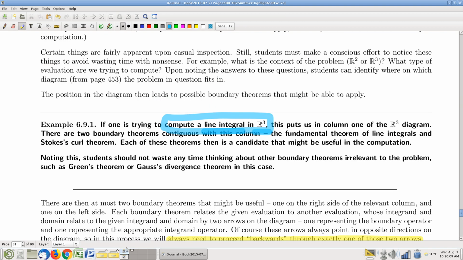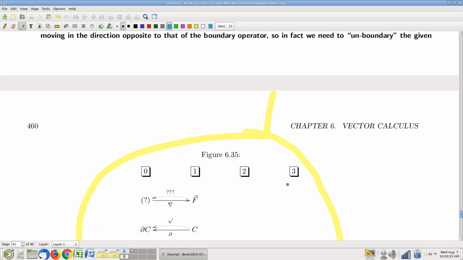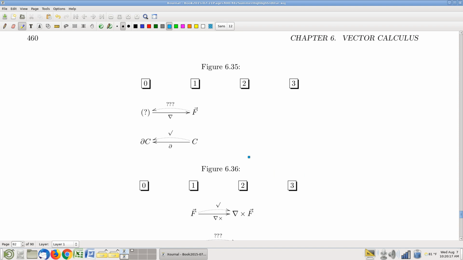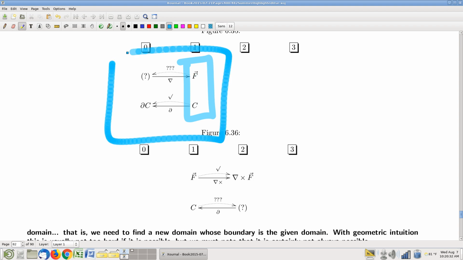Okay, so the next idea is to notice that you're going to have to go backwards through one of the arrows. For example, if you're interested in computing a line integral of this vector field along that curve, and you're going to use the fundamental theorem of line integrals, you'll need to look at the boundary of that curve.